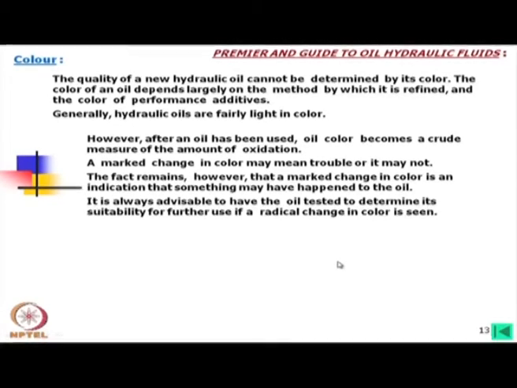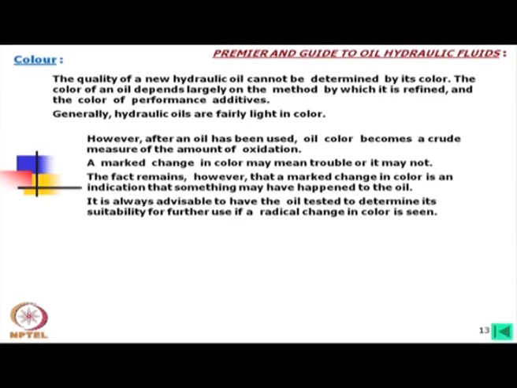Now, this radical change we should say in that way, suppose you have inspected the oil and after a few days you find that the oil has become too much darkened, then that is due to the failure of the oil, and due to that somewhere some component is being worn, or maybe the oil is being burned at some points, too much friction is there or something.